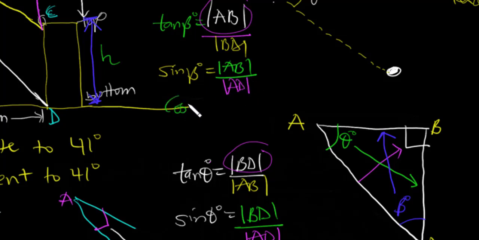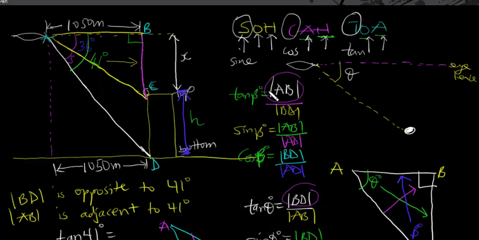So cos beta degrees here is going to be adjacent over hypotenuse, and to the beta, the adjacent side is BD. It doesn't face the beta, so that is the adjacent side. So it's going to be the length of the side BD divided by the hypotenuse, and that is still the side AD. So that is the way that we express sine, cos, tan of these angles, and that is exactly what we have to use to solve our question here.